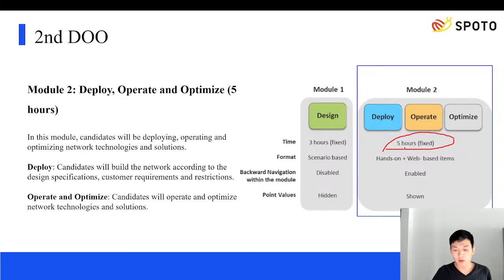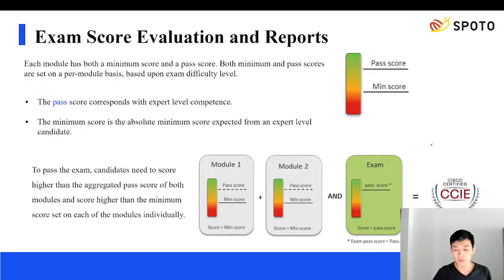And you have 4 hours to complete all tasks. To pass the exam, candidates need to score higher than the aggregated pass score of both modules and score higher than the minimum score set on each of the modules individually.